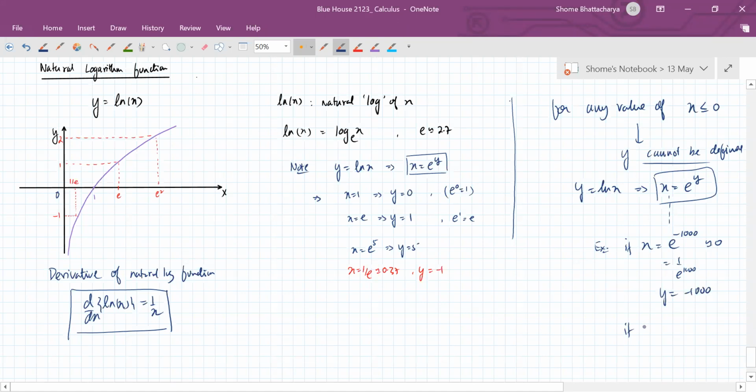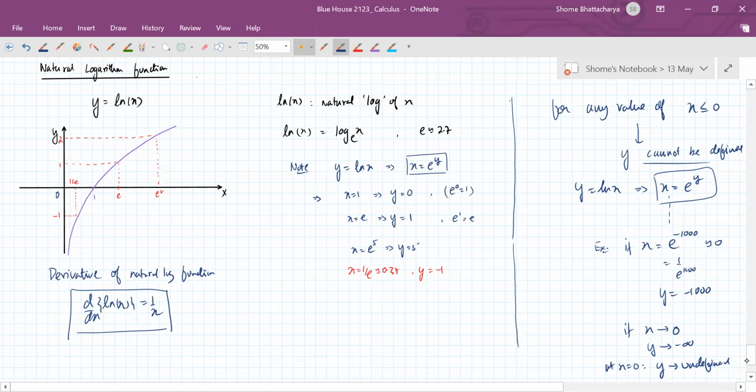So if x is tending to 0, y tends to minus infinity, which you can see on this. But at x equal to 0, y is undefined, and again at negative values of x, y is undefined. So that is the nature of the logarithmic function.